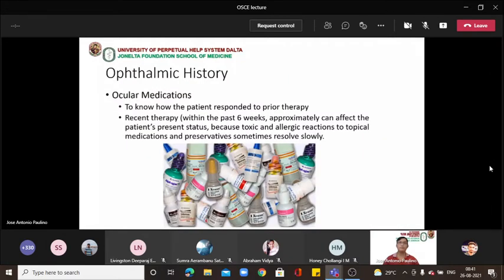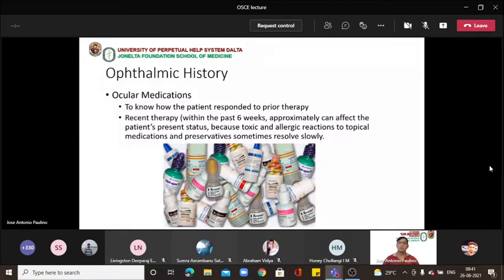Focusing on ocular medications, we need to know how the patient responded to prior therapy, especially in patients with glaucoma, because we do not usually repeat a medication that shows no effect for the patient. We have to know the recent therapy within the past 6 weeks because it can affect the patient's present status.